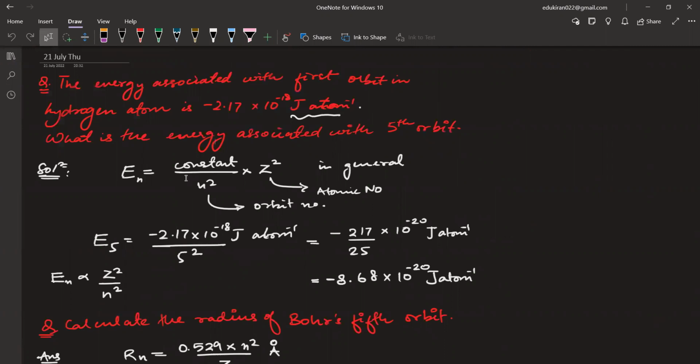Calculate the energy required to excite the electrons in a hydrogen atom from ground state to the first excited state.